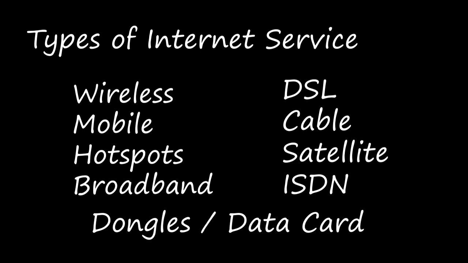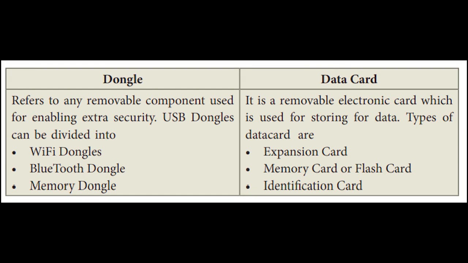Let's see the difference between dongles and data cards. A dongle refers to any removable component used for enabling extra security, right? USB dongles can be divided into Wi-Fi dongles, Bluetooth dongles, and memory dongles also. A data card is also a removable component, but it is a removable electronic card which is used for storing data.